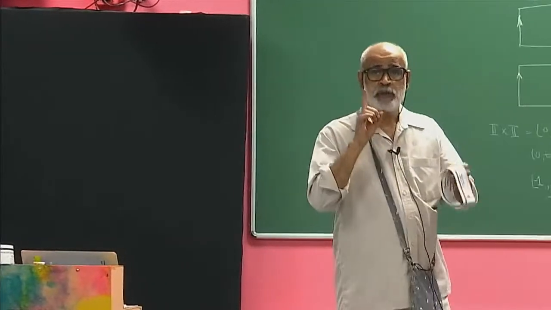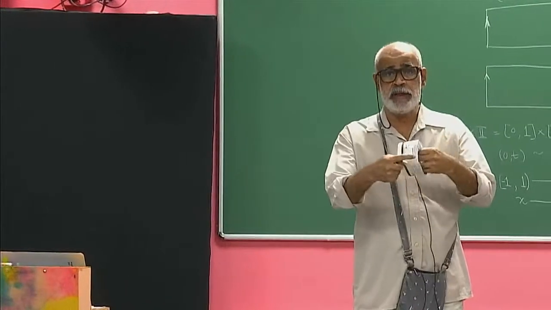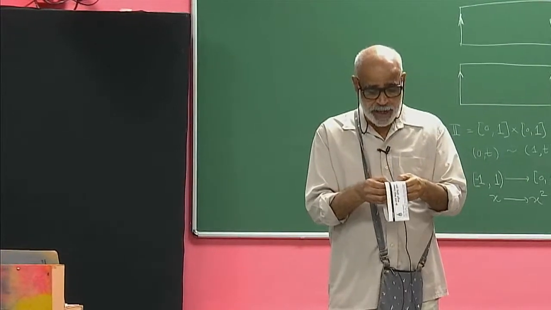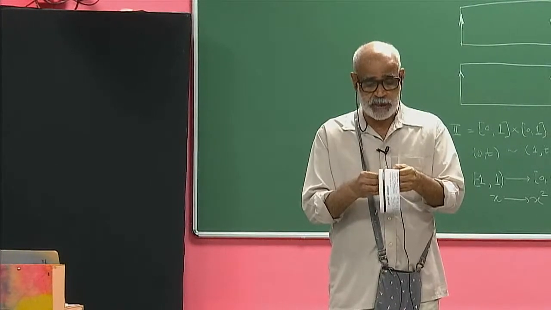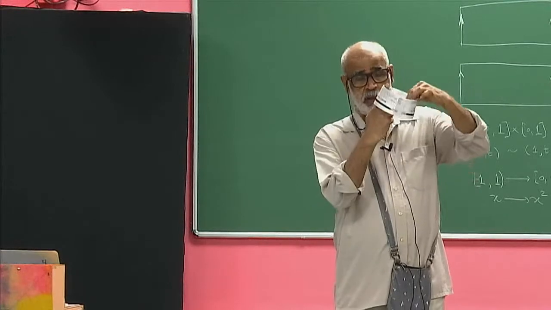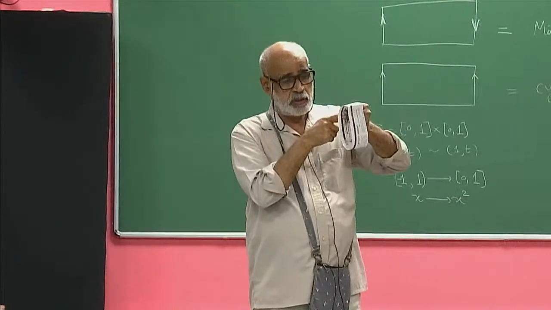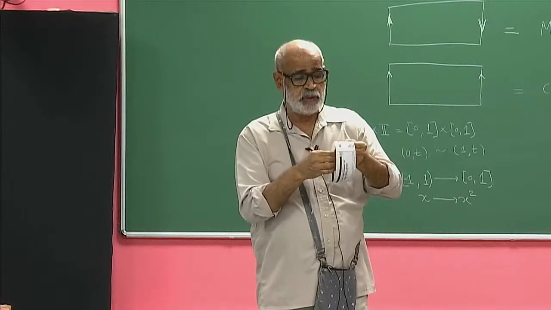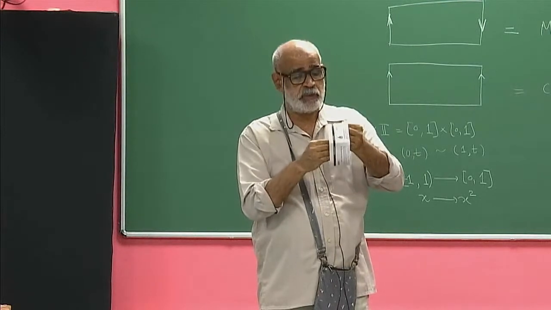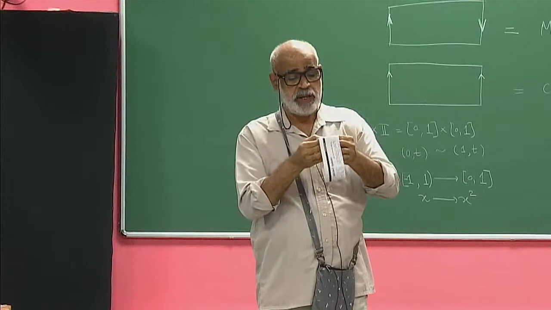Okay, now comes the next question. Suppose you cut this cylinder right in the middle, across this way, not this way. Don't cut this way, but right in the middle along the circle like this. Make one single cut.